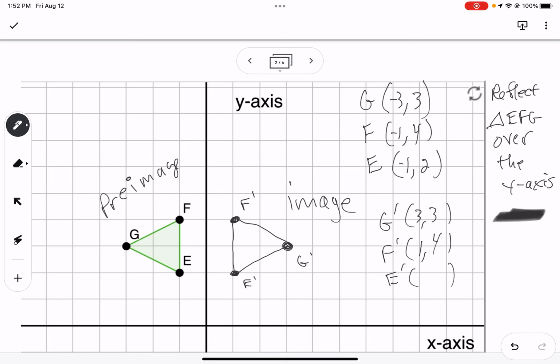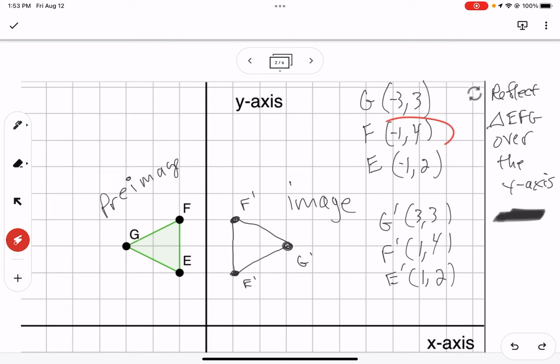E prime, 1, comma, 2. So if you take a look from G to G prime, the only difference is that there used to be a negative on the x-coordinate, but now there's not. How about from F? Ooh, let's undo that.